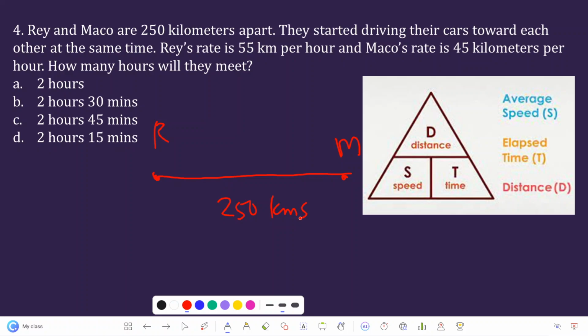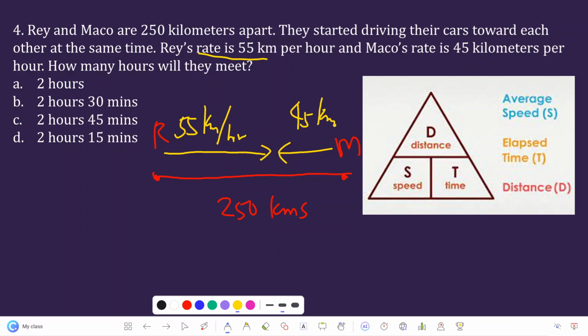Okay? So, Ray and Mako are traveling toward each other. So, ang direksyon nilang dalawa ay pasalubong dahil mas mabilis si Ray, mas mahaba ang kanyang na-travel, at kay Mako naman ay mas maiksi. Ano ang rate ni Ray? This is 55 kilometer per hour. At ang kay Mako naman is 45 kilometer per hour.